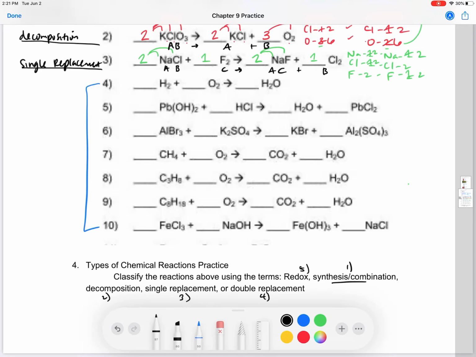So if you identify that it's not synthesis, it's not decomposition, it's not single replacement, it's not double replacement, it's most likely going to be a redox equation, at least in the context of this class. Okay, so you have 7 chemical equations to balance and 7 to identify on your own before you submit this back to where you see the assignment that you downloaded.